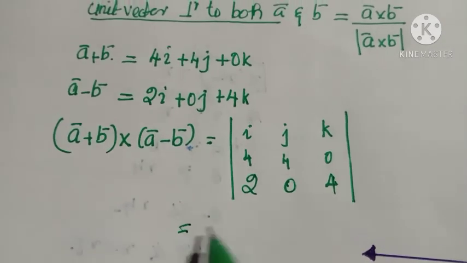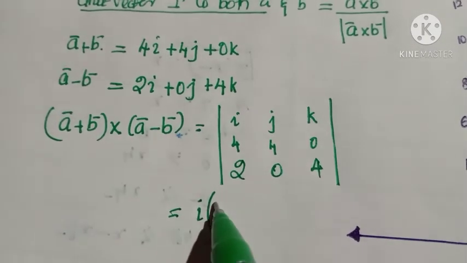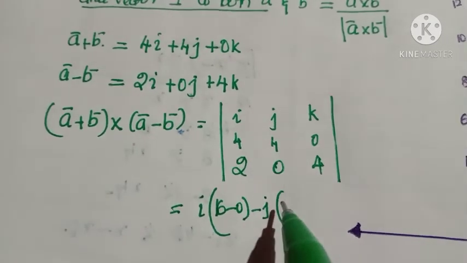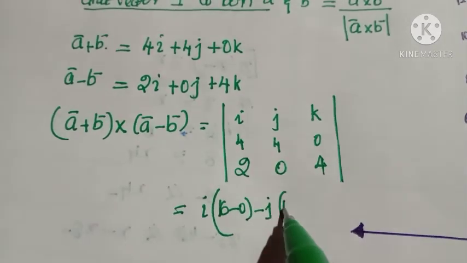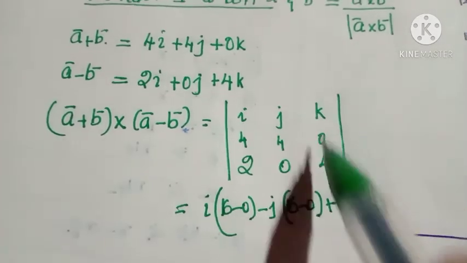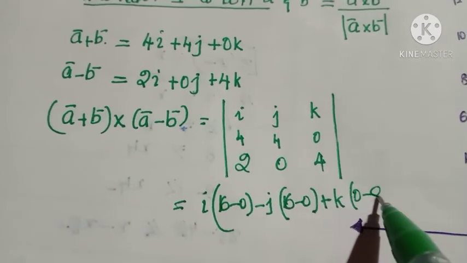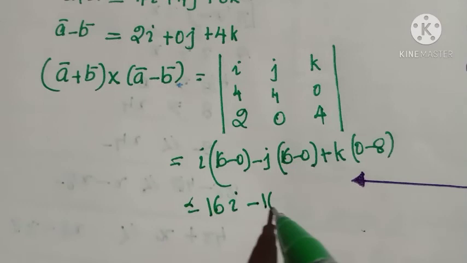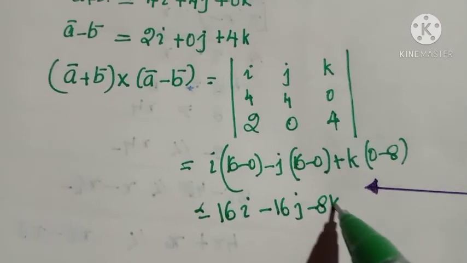Now find the determinant. i into 16 minus 0, minus j into 16 minus 0, plus k into 0 minus 8. So this is 16i minus 16j minus 8k.